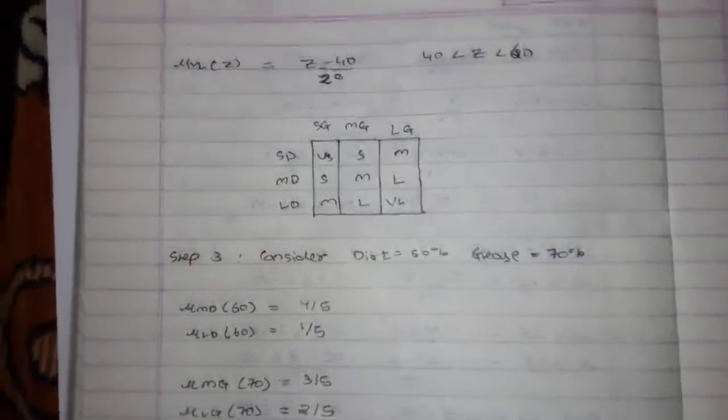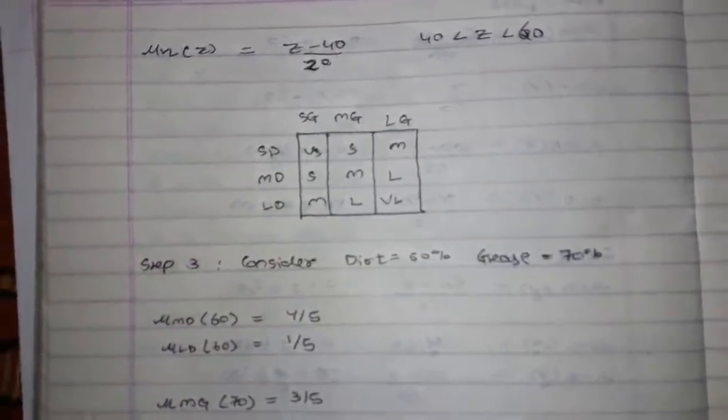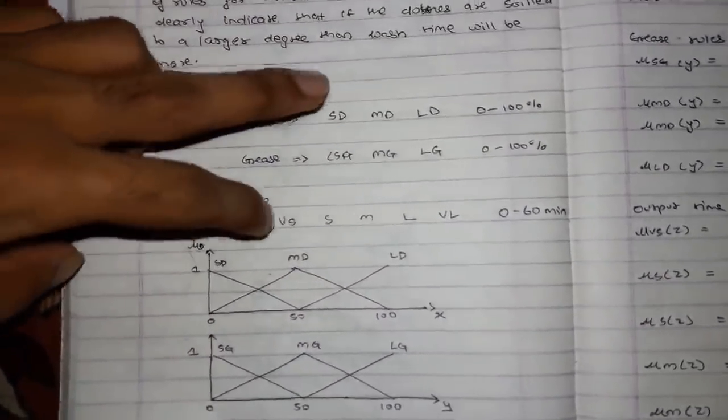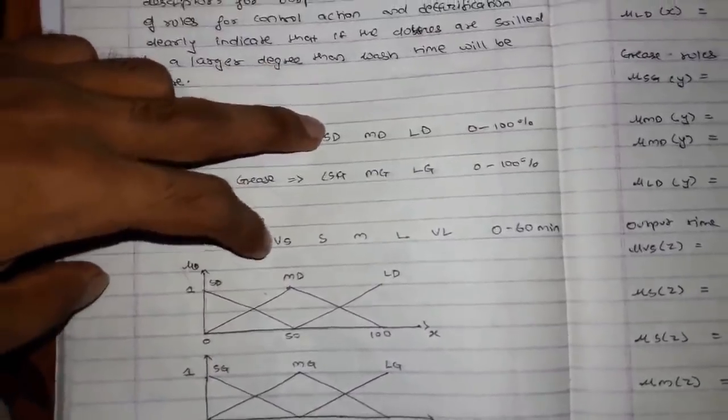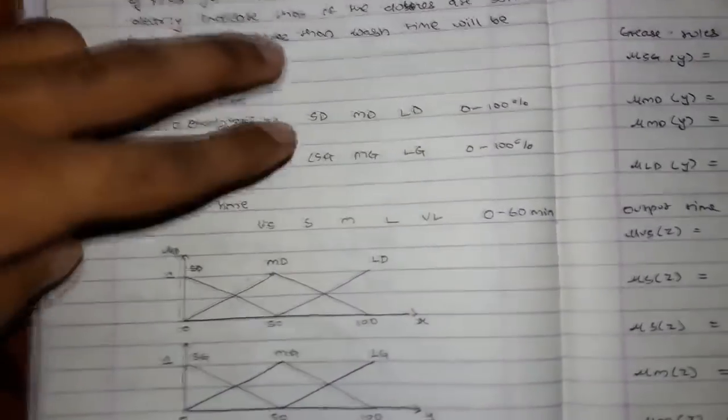The next thing we have to do is a little different in two-input sums. Here you have to basically map. In the previous video, there was only one input and one output, so you could directly map the input to the output. But here, since there are 2 inputs, you have to form a table.